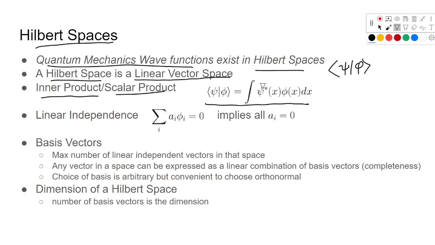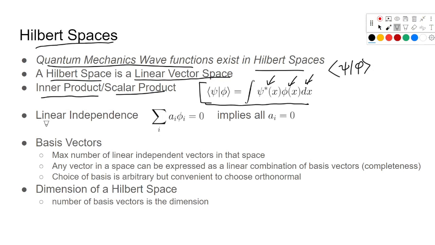It's an integral in which one of the vectors finds itself in a complex conjugate form and the other one as it is, and you integrate over all of space. This is what the inner product looks like. So any vector space which has an inner product, we can call a Hilbert space, and in quantum mechanics we will deal with Hilbert spaces.